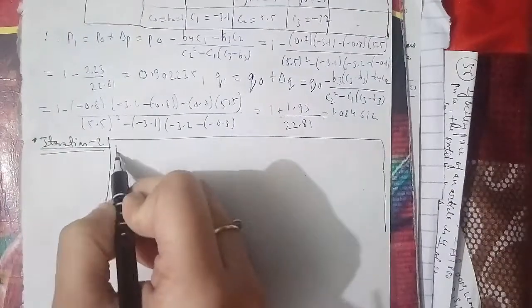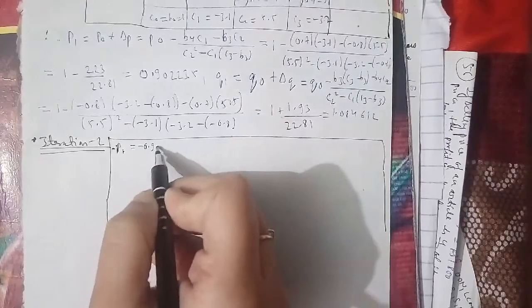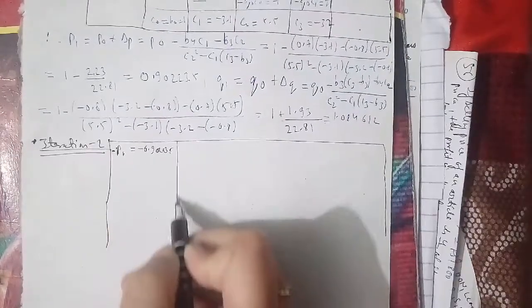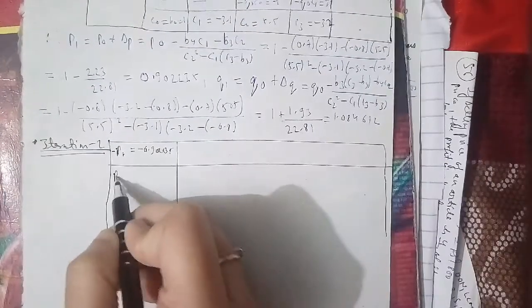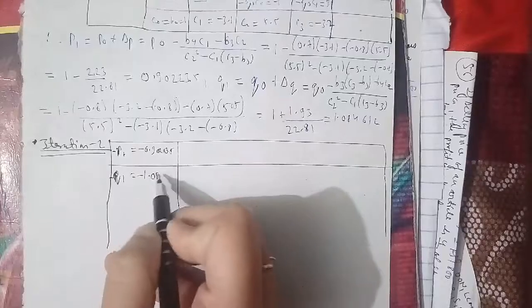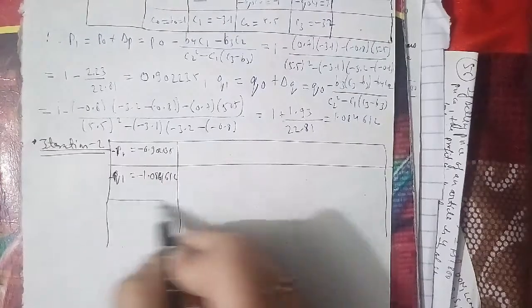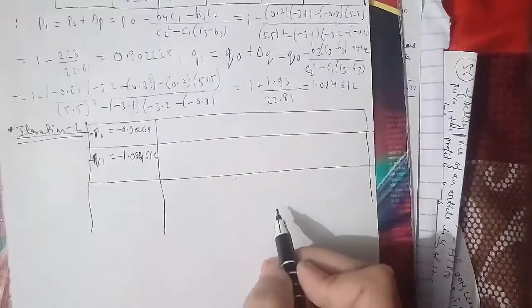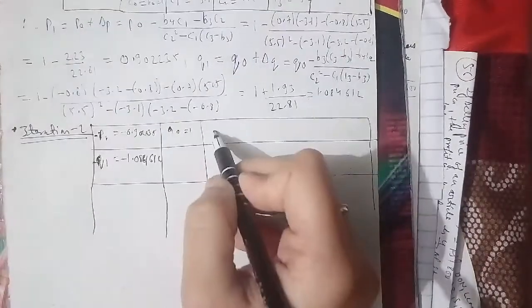This is for A0 equals 1, A1 equals minus 1.1, A2 equals 2.3, A3 is equal to 0.5, and then we have A4 equal to 3.3. So we'll go ahead with these values.